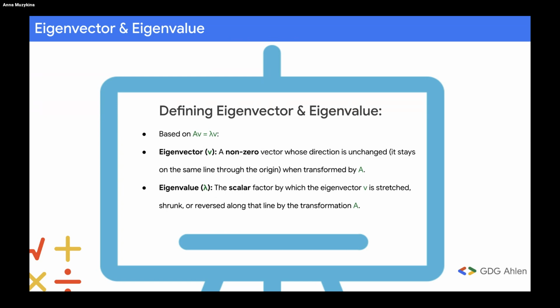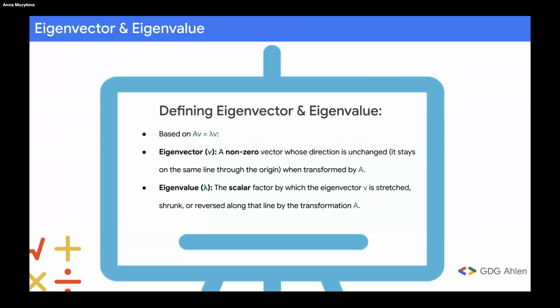When you apply the matrix transformation A to it, the resulting vector Av points in the exact same direction, or precisely the opposite direction, as the original vector v. It stays on the same line passing through the origin. It doesn't get rotated off that line. Remember, v cannot be the zero vector.